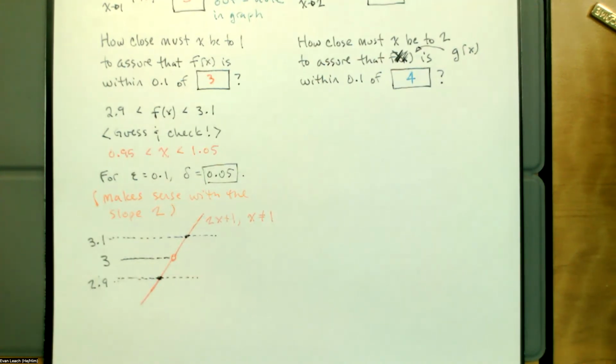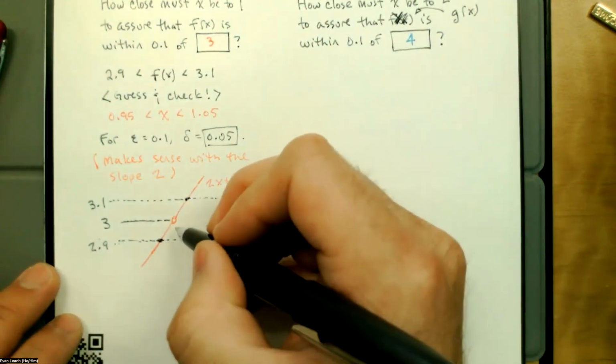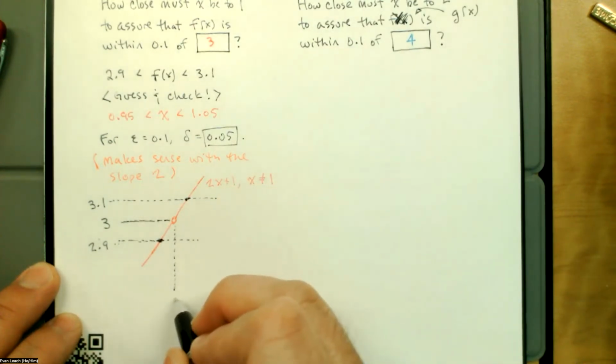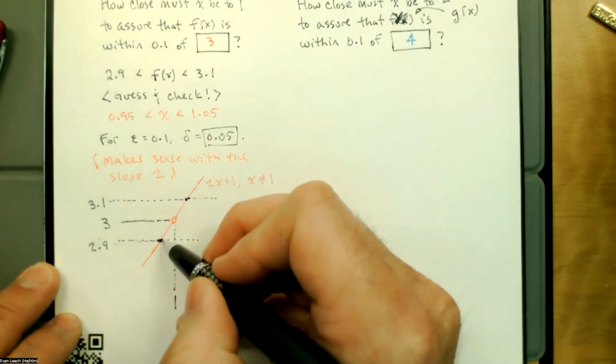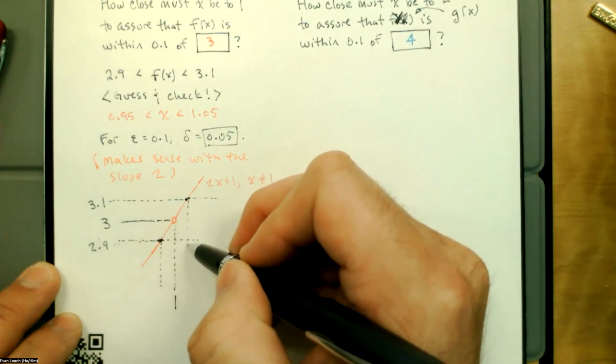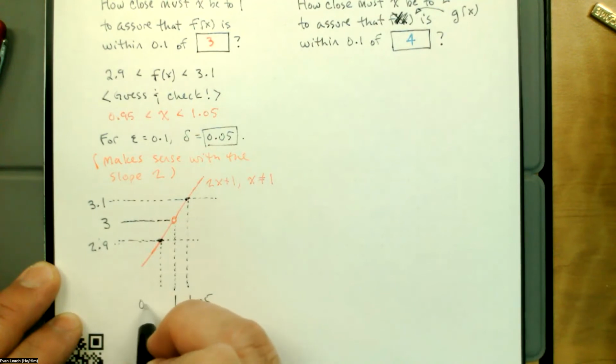So if I drop these intersections down to the x-axis, I know the limit at 3 happens when x is equal to 1. If I drop these down, they ended up at 1.05 and 0.95.